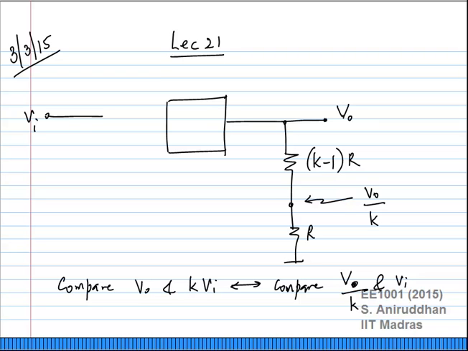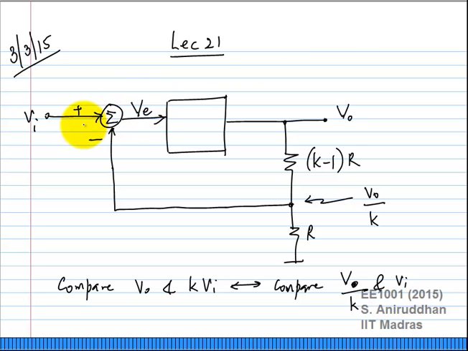Now I need to compare it with VI. How do I compare it with VI? I know how to do that also. I generate the difference between the two, and I use that to drive the controller.